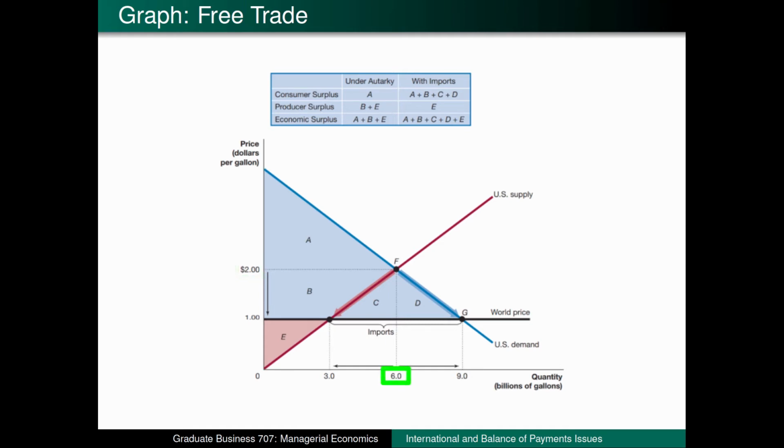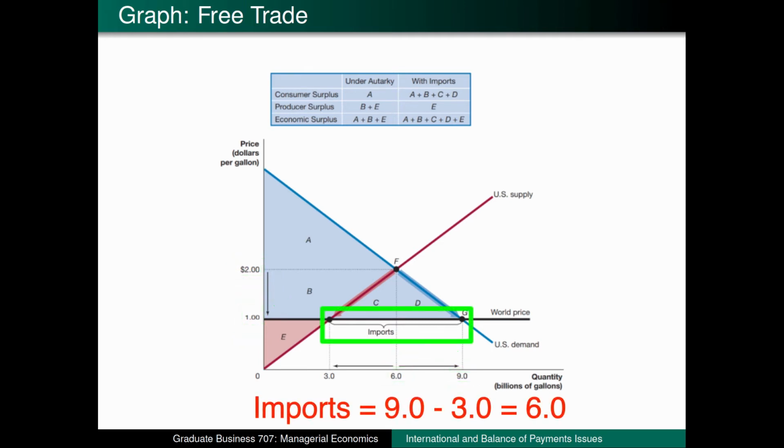Remember that the equilibrium quantity with no trade and no government intervention was 6 billion gallons, but now domestic producers will respond to the lower price by making less ethanol. So now, quantity supplied by American companies is only 3 billion. However, the law of demand states that lower prices will result in higher quantity demanded, so we can see that a decrease in the price of ethanol from $2 to $1 increases quantity demanded from 6 billion to 9 billion.